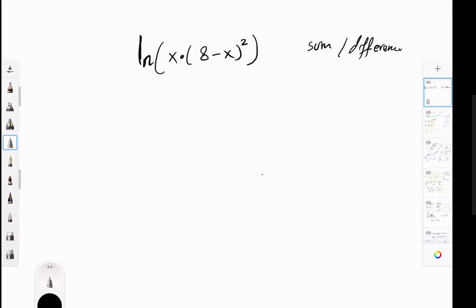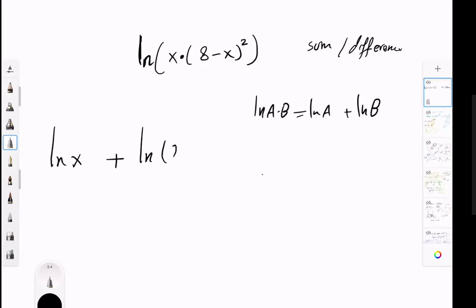So here is a multiplication. If we have ln of a times b, I write ln of a plus ln of b. So I'm going to write ln of x plus ln of 8 minus x squared. Are we done with this one, or can we do more?